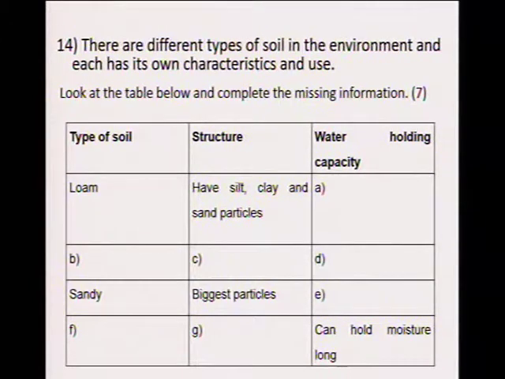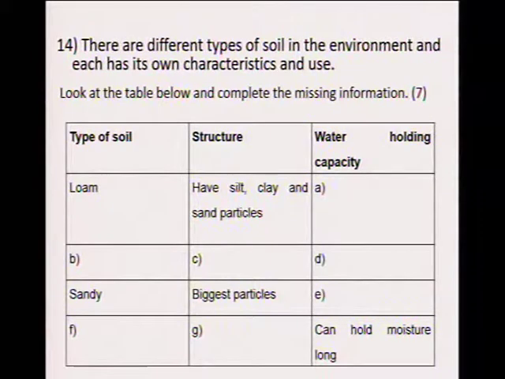That can guide you to see what type of soil is missing at B. Because if you know that the type of soil that is supposed to be F can hold moisture longer, then you can use that information to fill the gap at B. So what could that be?